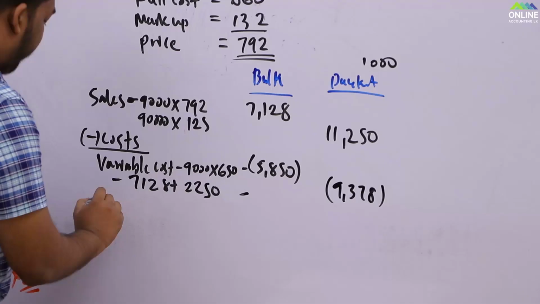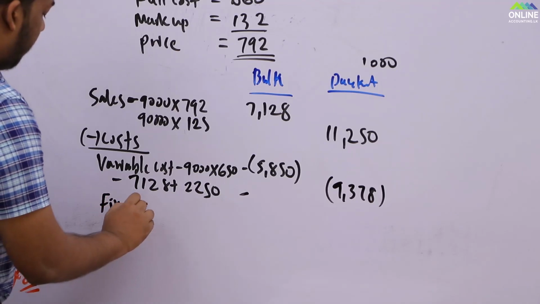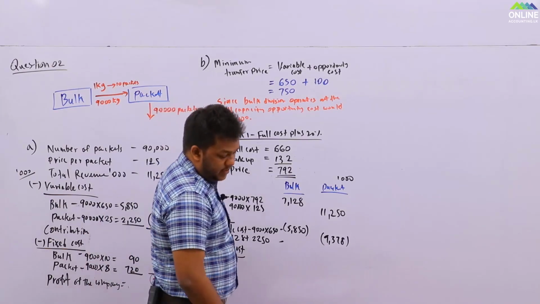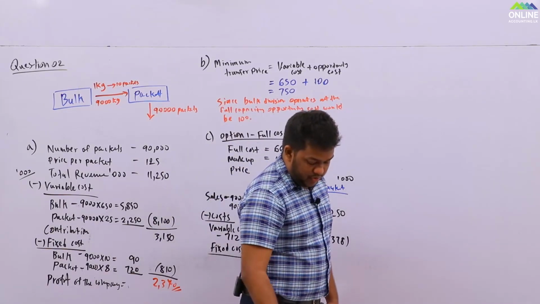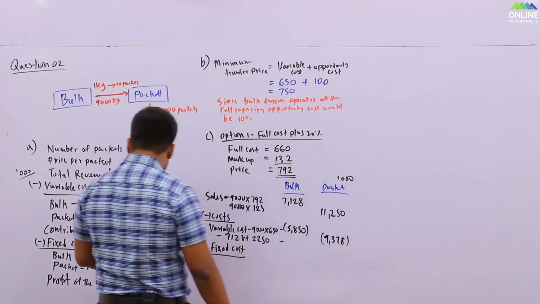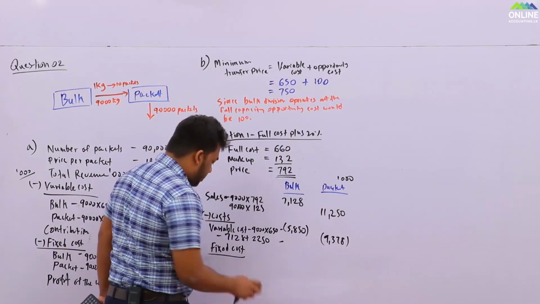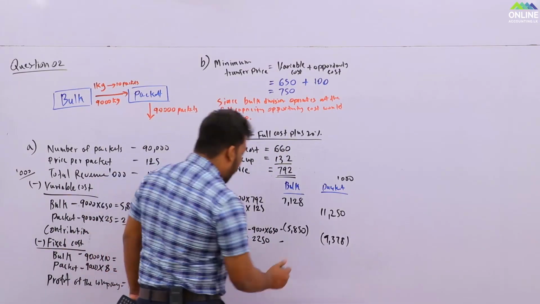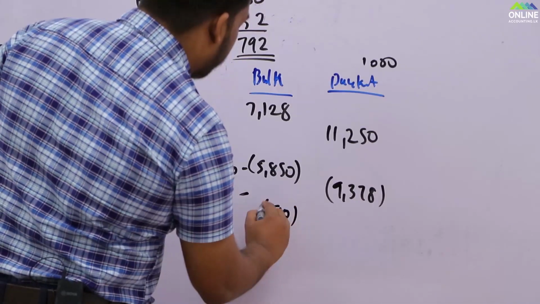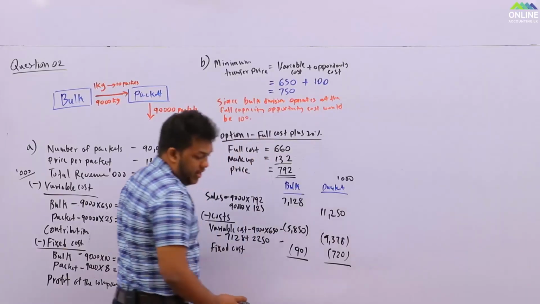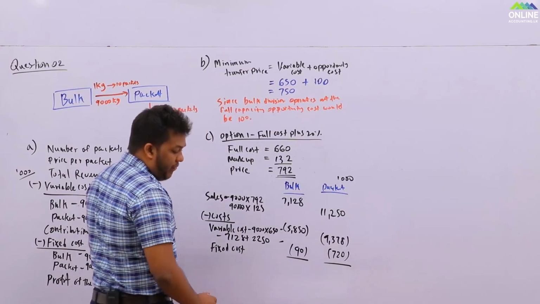Then you have fixed cost. Will the fixed cost be changed or not? Will not be changed. So the fixed cost should be the same, which is 90 and 720. Now you have the profit.